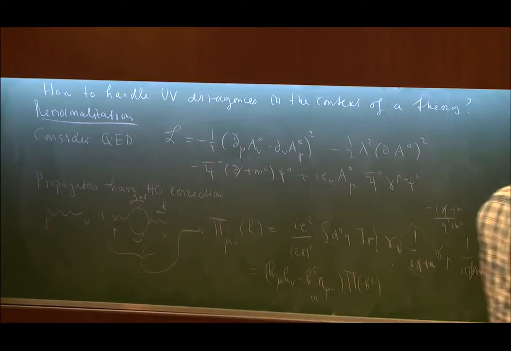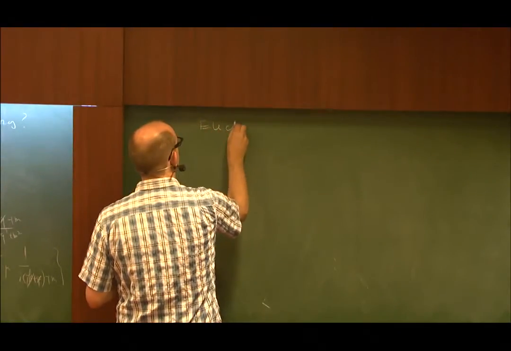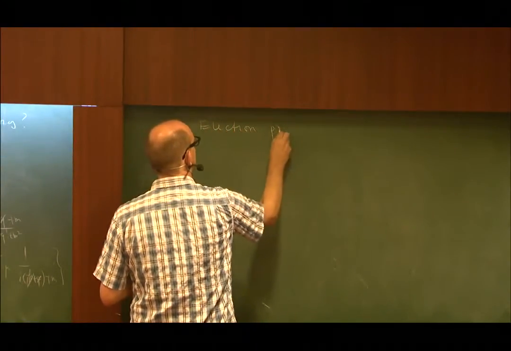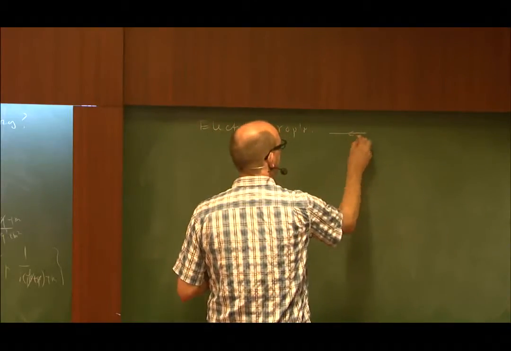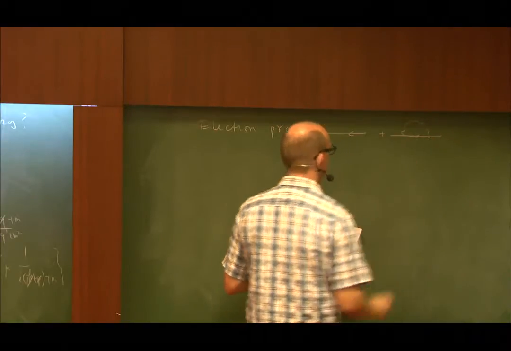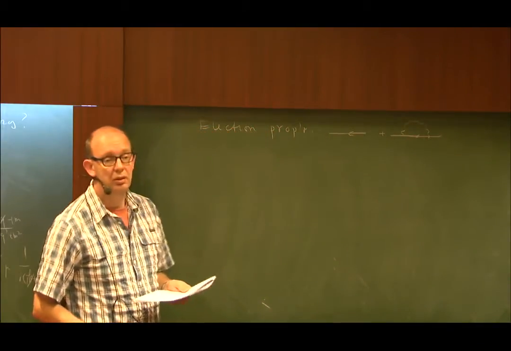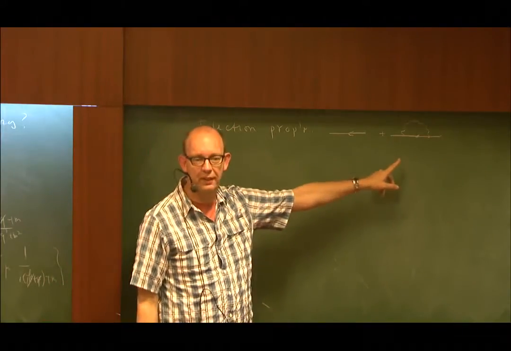There's also, for the electron propagator, we have this plus self-energy. So I don't even write an expression down. How divergent is this?